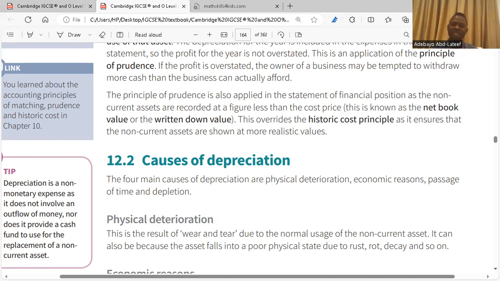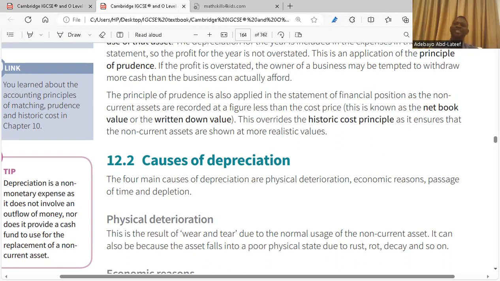Do you get the point you're making there? No. It said the principle of prudence is also applied in the statement of financial position as non-current assets are recorded at a figure less than the cost price. So when you are recording your financial statement, you have to record it with the net book value, which means you have taken the expenses incurred on that asset from the value of the asset.